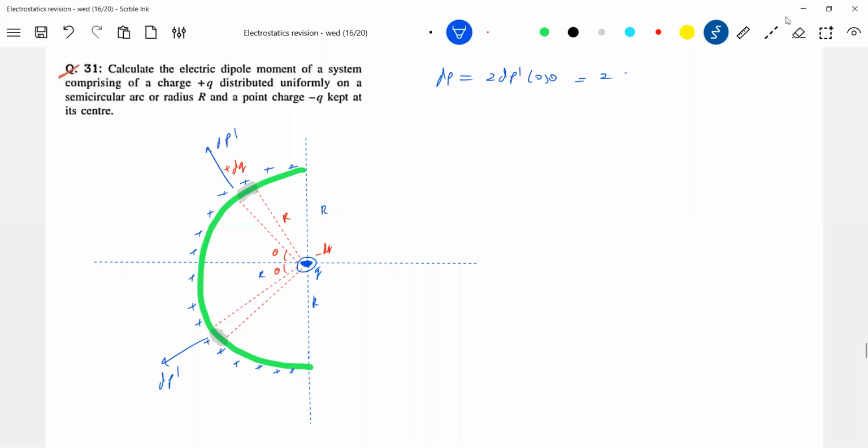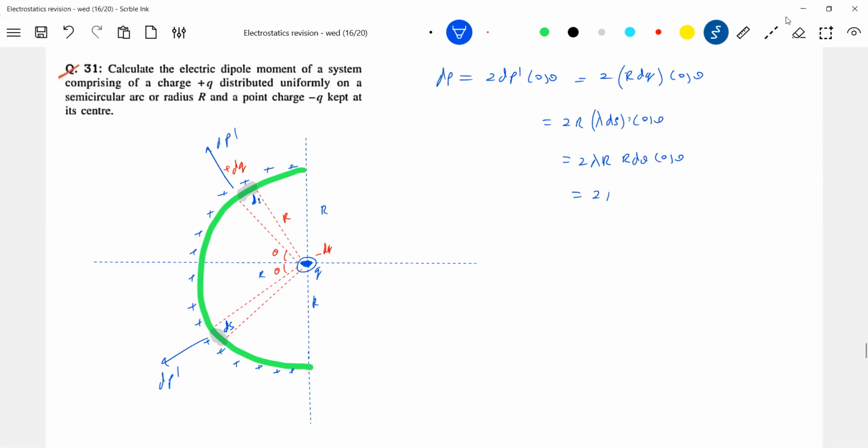r into dq, into cos theta. So 2r dq. dq we can write as lambda into ds, the arc length, lambda r, and ds we can write as r d theta.